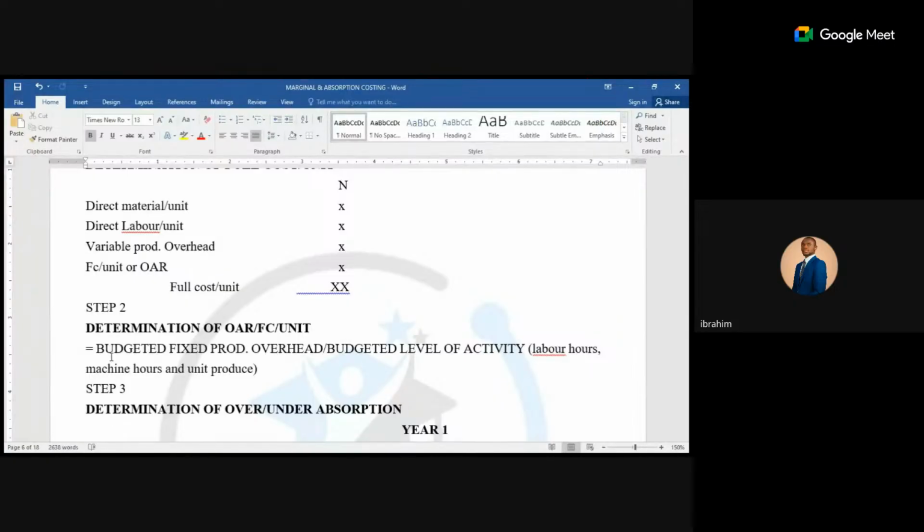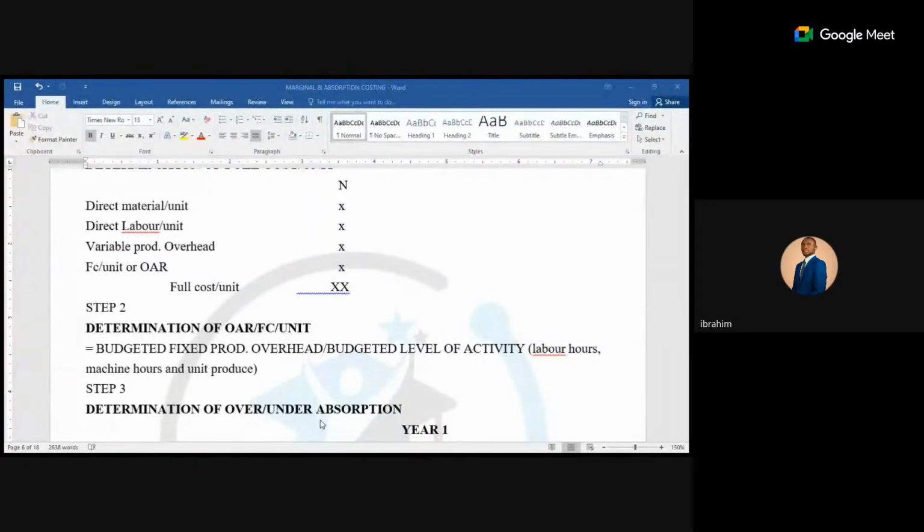The budgeted level of activity could be labor hours or machine hours, depending on company policy. The question may say that the company absorbs this fixed overhead on the basis of units produced. It means the basis is the budgeted level of activity in units.